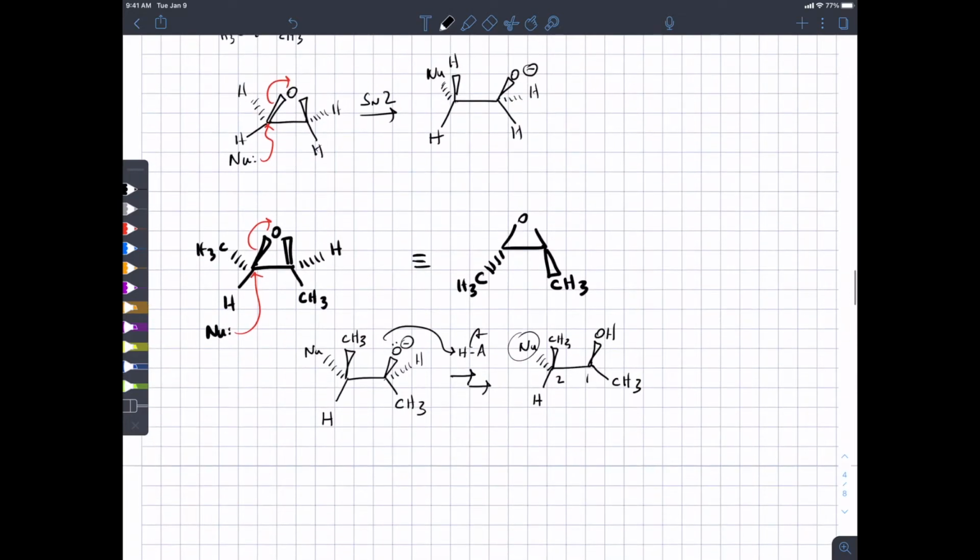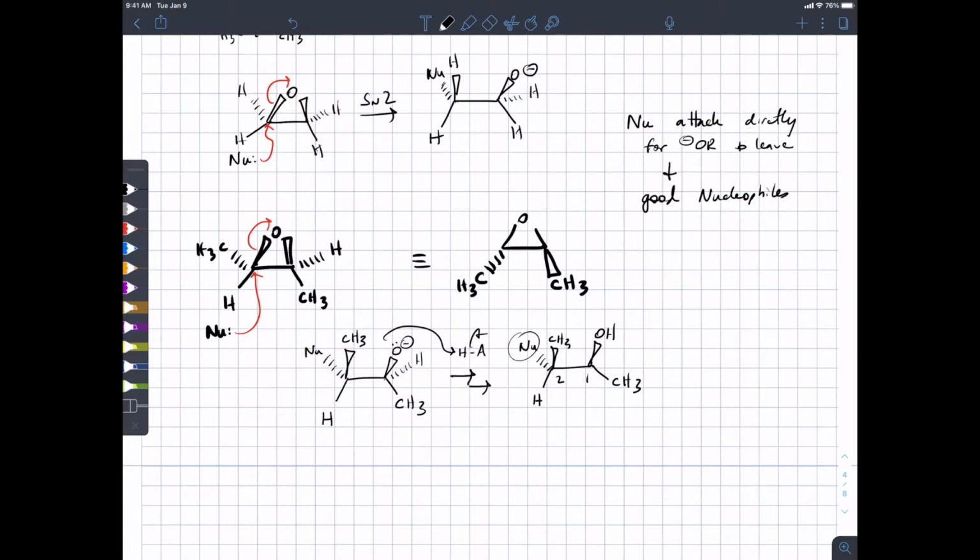Generally, in order for the nucleophile to attack directly and for OR minus to leave, usually the nucleophile has to be one of our good nucleophiles.